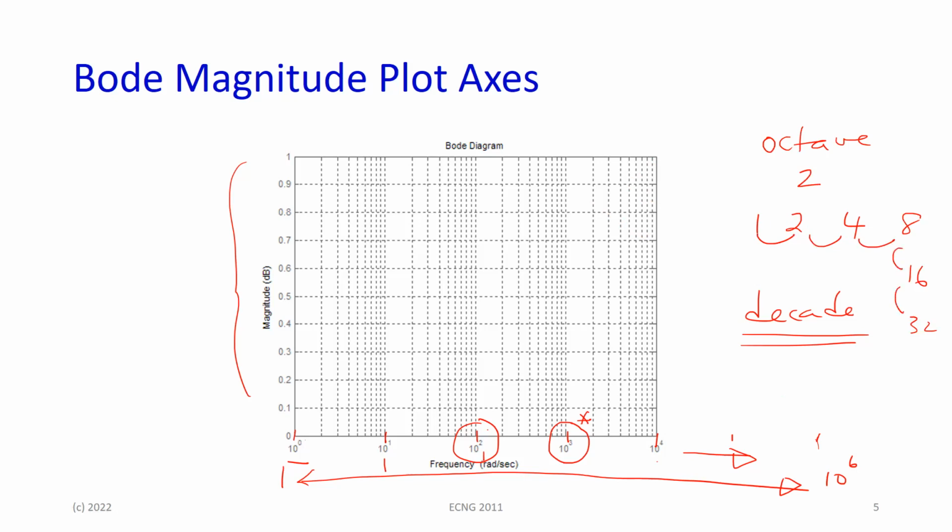In the music world, for people playing musical instruments, you would be accustomed to dealing with octaves. The decade is just a little bit broader than that. An interval where the upper limit is 10 times the lower limit is what we call a decade.